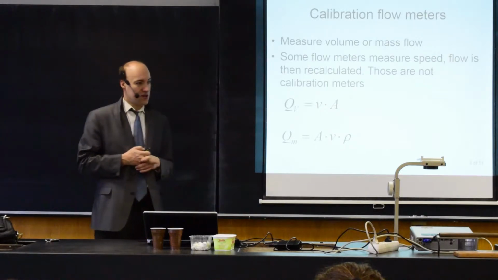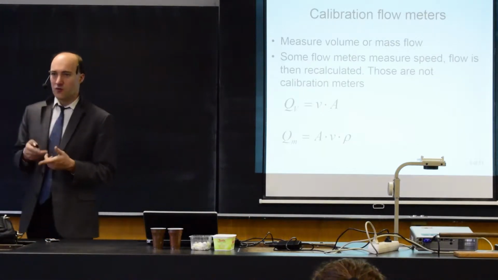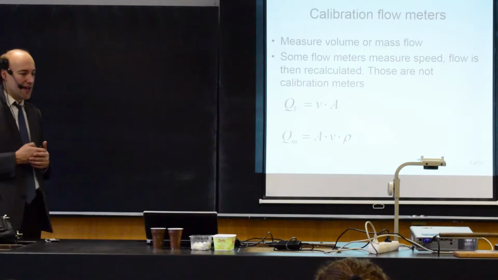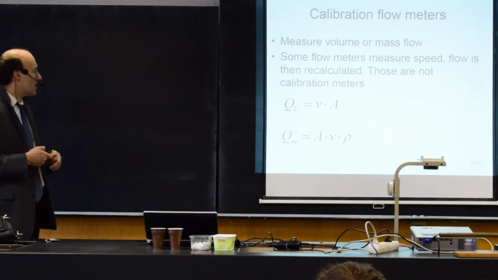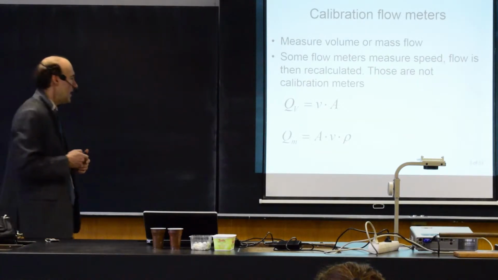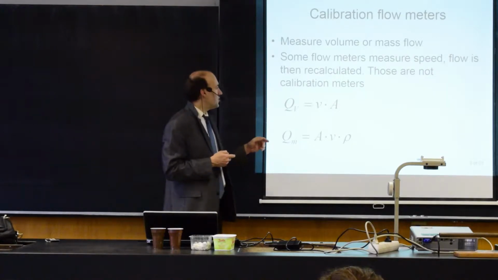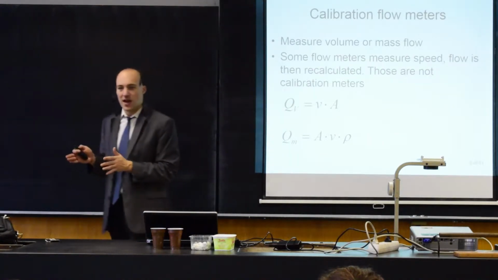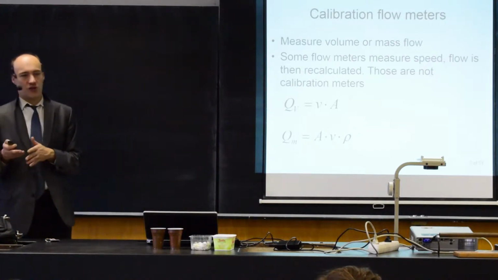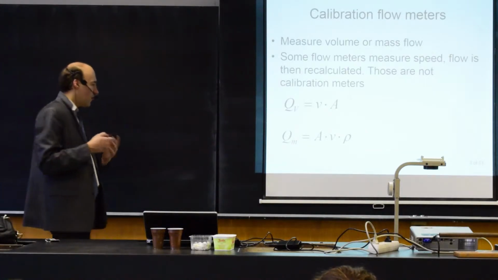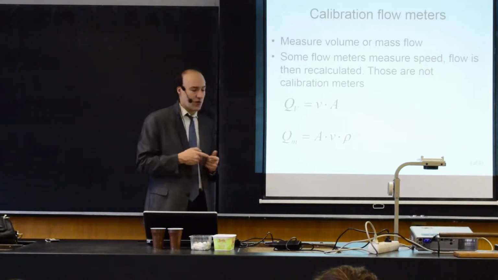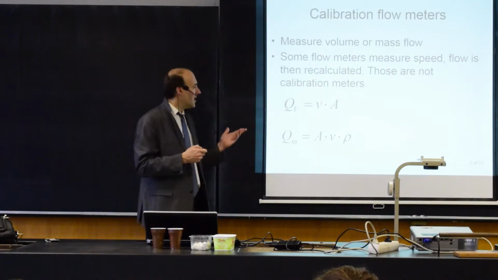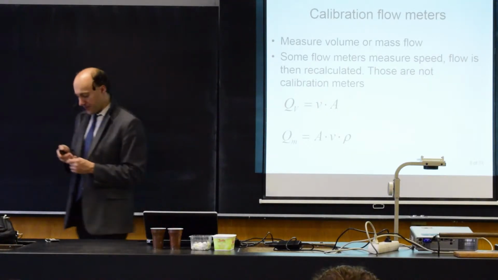Some flow meters measure volume flow or mass flow directly. Some other flow meters use the principle that you measure the speed of your fluid in a pipe and you know the cross-section. And of course you can use this to get volume flow, or mass flow if you know density.